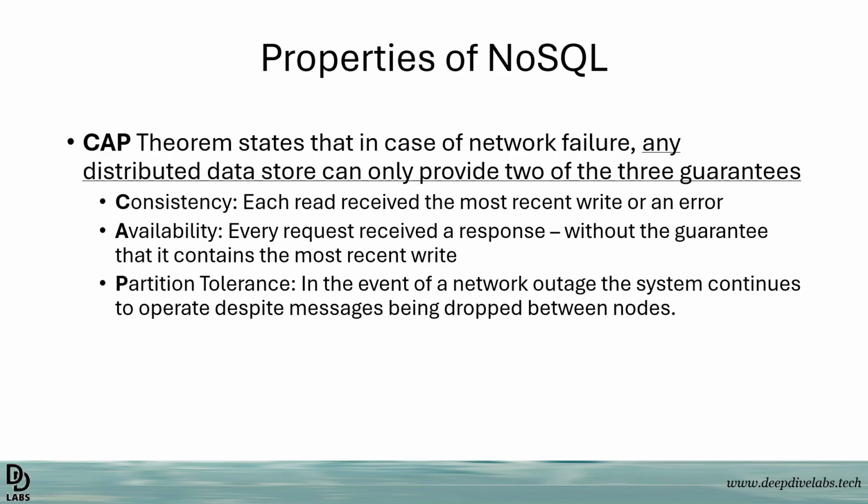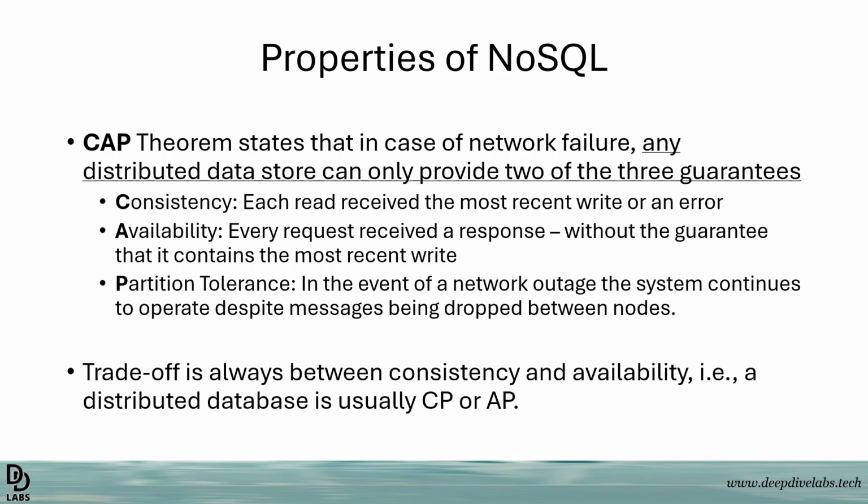Partition tolerance means that in the event of a network outage, the system continues to operate despite messages being dropped between the nodes. That is why NoSQL distributed data stores tend to have a lot of distributed computing properties, like replication, sharding, etc., in order to maintain partition tolerance. The trade-off is always between consistency and availability.